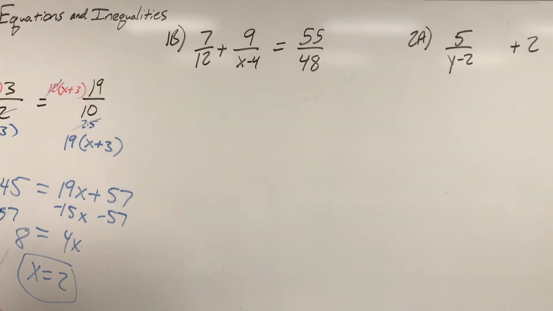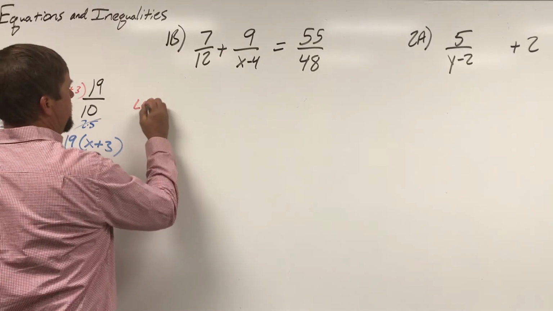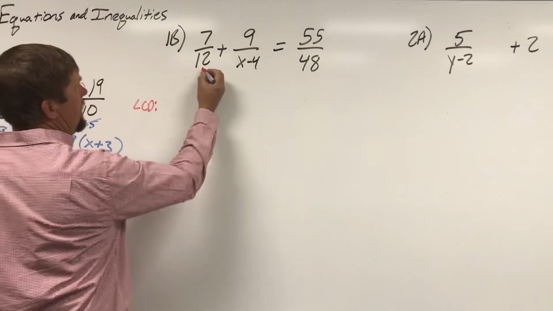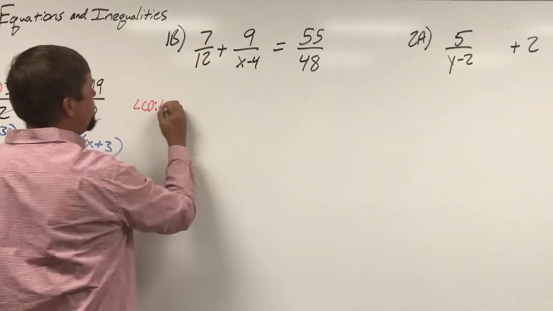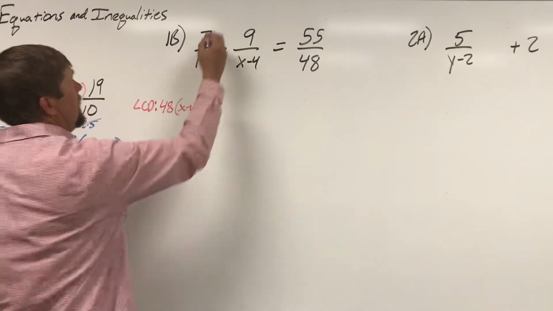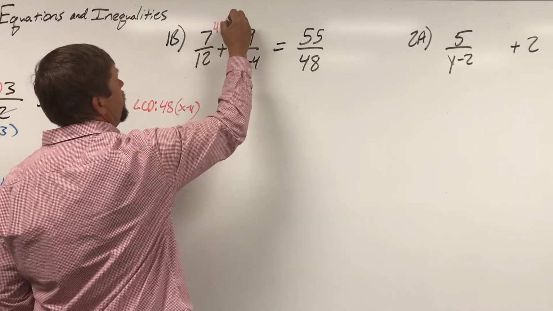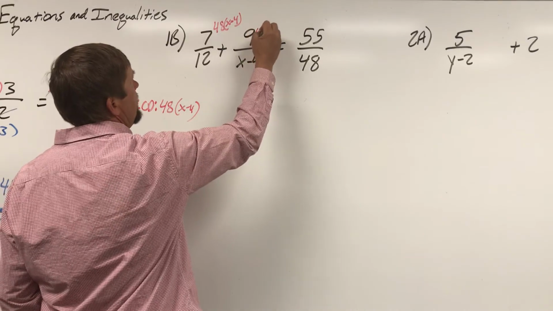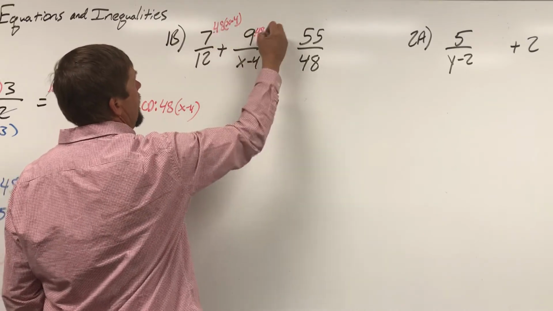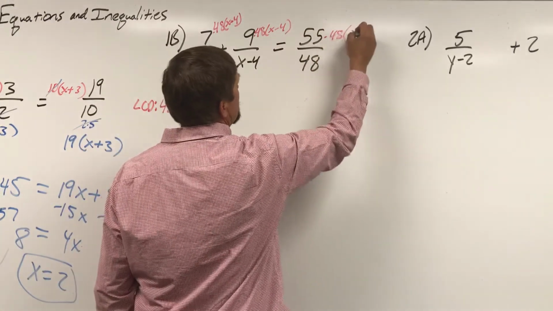All right, welcome back. I am going to go through it. Least common denominator. 12 goes into 48, so 48 has to be in there. X minus 4 has to be in there. So 48 and x minus 4.